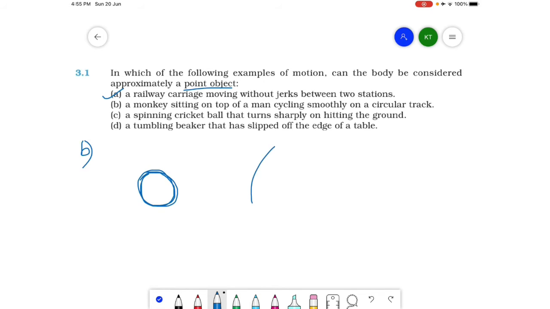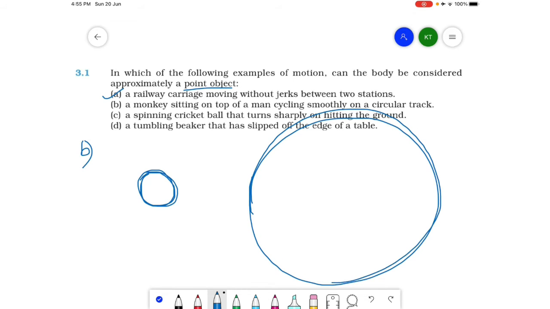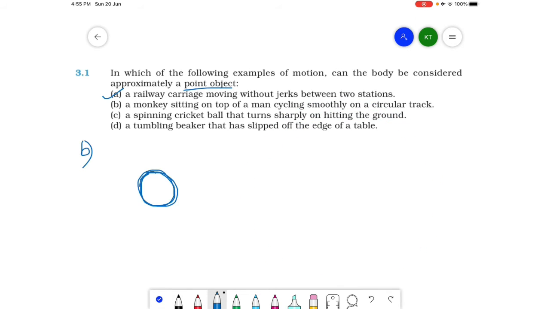But if the distance in our movement is very large, then the movement will be very smooth. Why? Because if it's small, there is continuous change, you continuously have to turn your bike, so it's not a smooth travel.